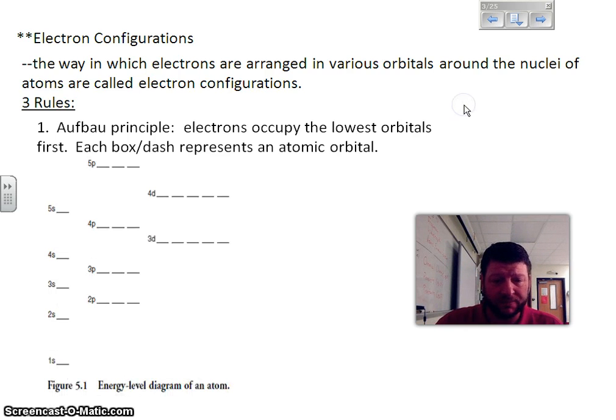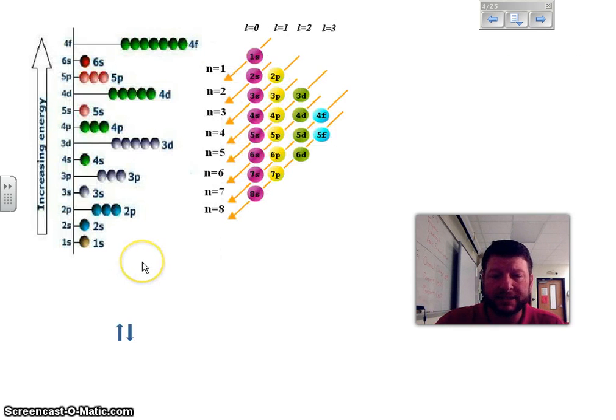So it will fill from the lowest energy level, 1s, to the 2s level, to the 2p level, to the 3s level, to the 3p level, to the 4s level, then to the 3d level. So the 3d energy level is actually higher in energy than the 4s. Okay?